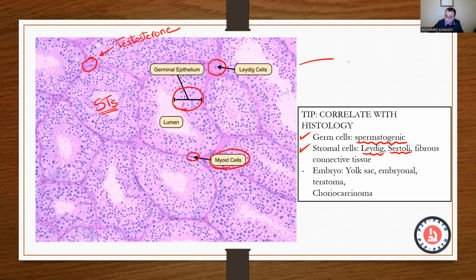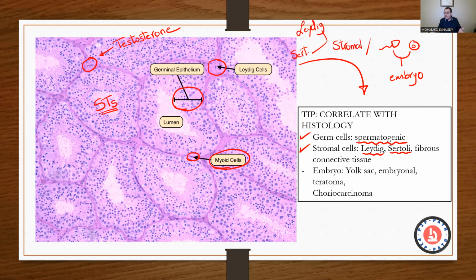It's good to correlate between the histology and the entities of testicular tumor that you have. For example, please remember that you have germ cells, which include a sperm and an ovum. These germ cells form a baby or an embryo. And you have stromal cells, which include, as I mentioned, Leydig cells and Sertoli cells.